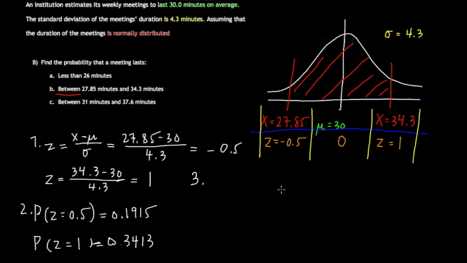And in this case, very important, okay, so this is a little bit different. I'm looking for the area between these two numbers, so between 27.85 and between 34.3. So we know that because our probabilities are in relationship to the mean right here, the 0.1915 is going to fall right in here, 0.1915.